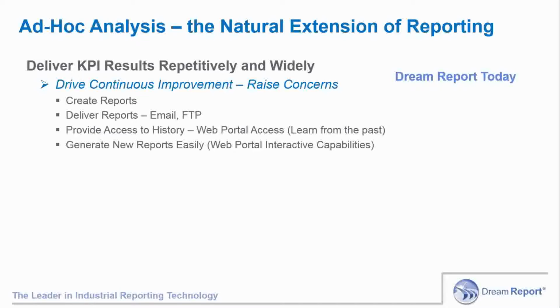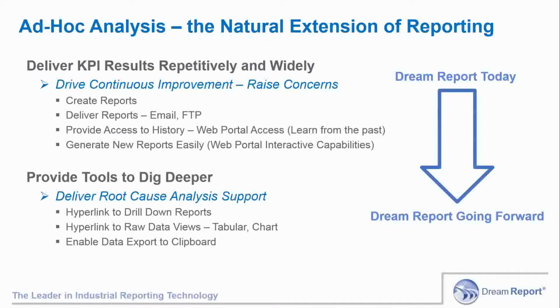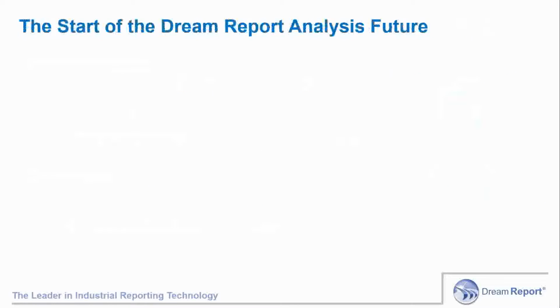It also supports manual data entry, the ability to make selections for more flexible web-based reporting, and dynamic updates to support unattended dashboards. In this release, Dream Report offers enhancements to dig deeper into your data, with support for drill-down reporting and raw data views, giving you a fundamental understanding of what is happening and why.